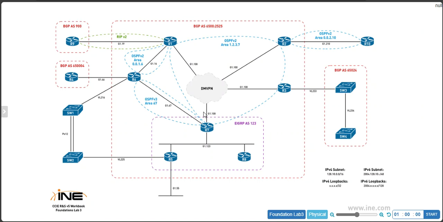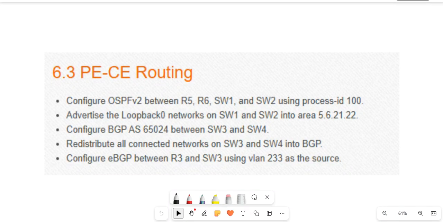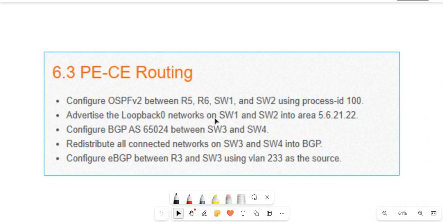And configure OSPF between these with process ID of 100. And add Loopback 0 networks on switch 1 and switch 2 into this area number.